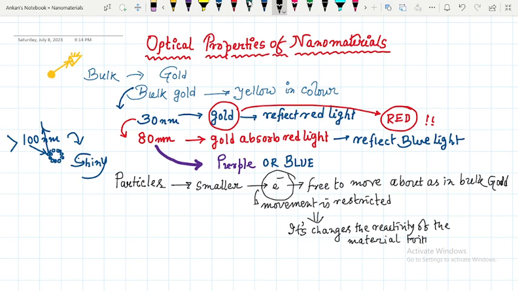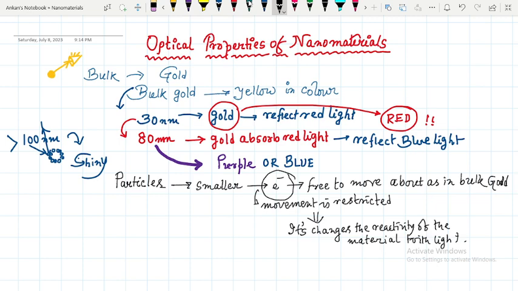Okay, why these different properties arise from a single material, only by changing the size of the material, lies in the fact that when the particles get smaller, the electrons are not free to move about as in the bulk material. So the movement of the electron is restricted, and it changes the behavior of the electron towards the photon particle, and by the electron-photon interaction you get a different color as observed for the material at different sizes. So this is the main reason behind this fact.